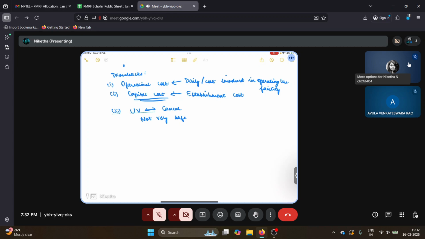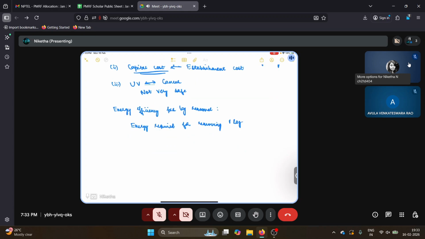While quantifying advanced oxidation processes, there is a term called energy efficiency per log removal. What this means is the amount of energy required for removing 1 log. 1 log usually means about 10%.